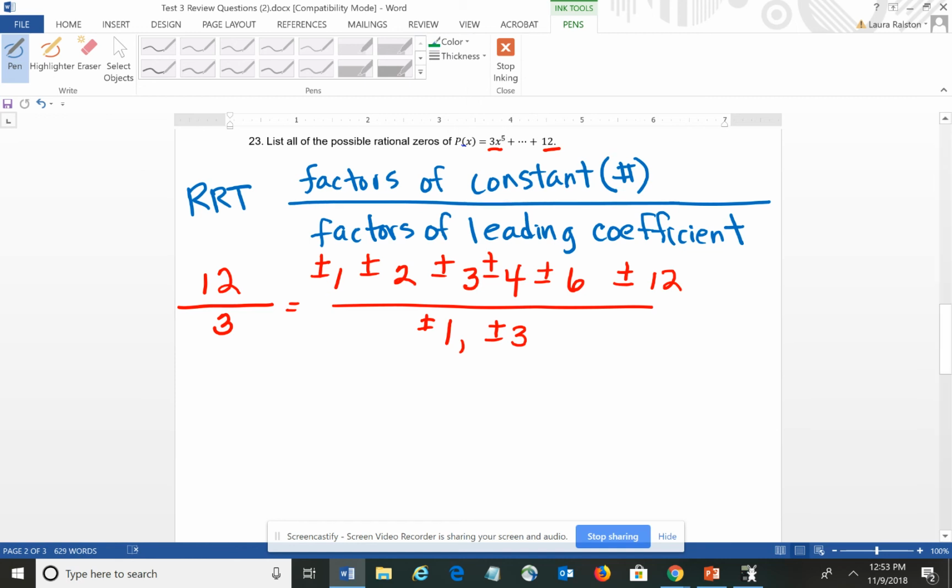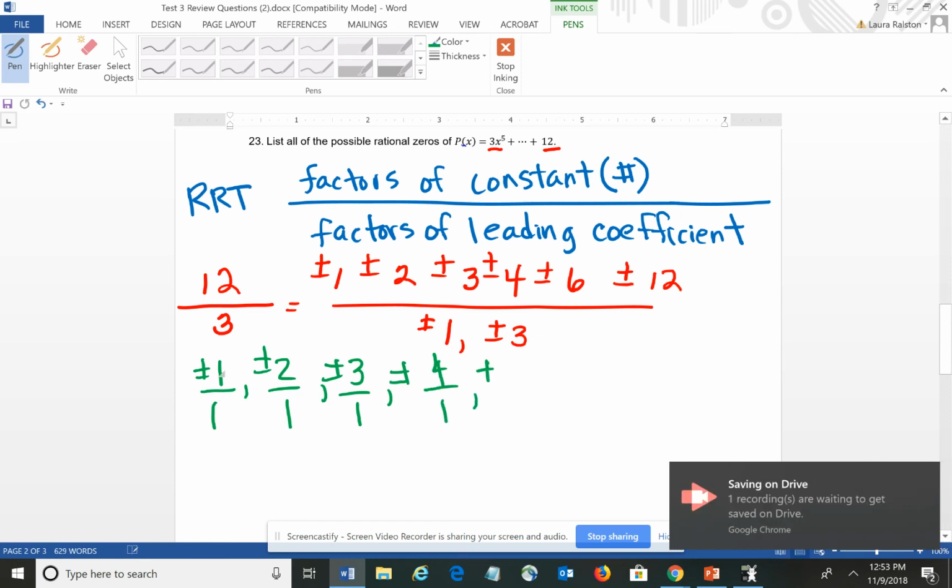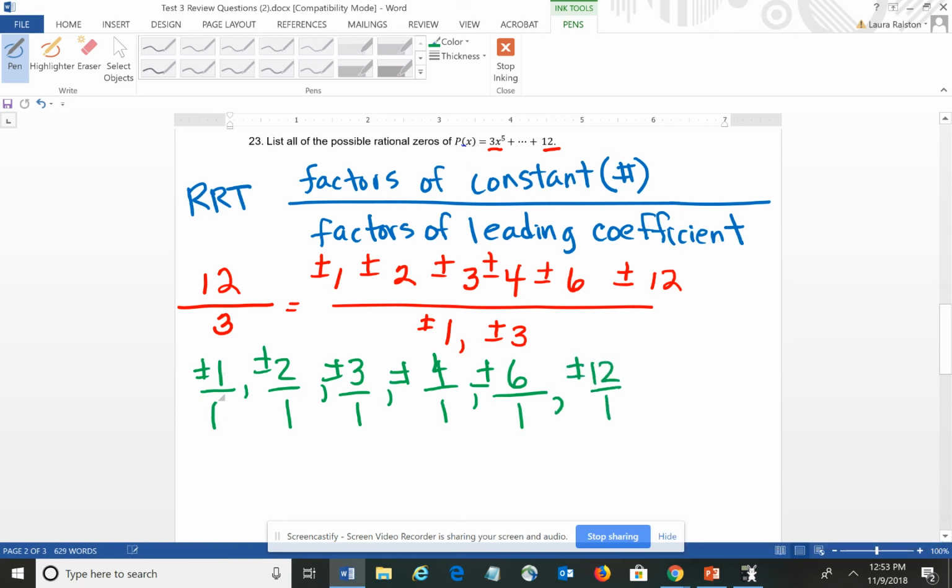So I would have plus or minus 1 over 1, plus or minus 2 over 1, plus or minus 3 over 1, plus or minus 4 over 1, plus or minus 6 over 1, plus or minus 12 over 1.